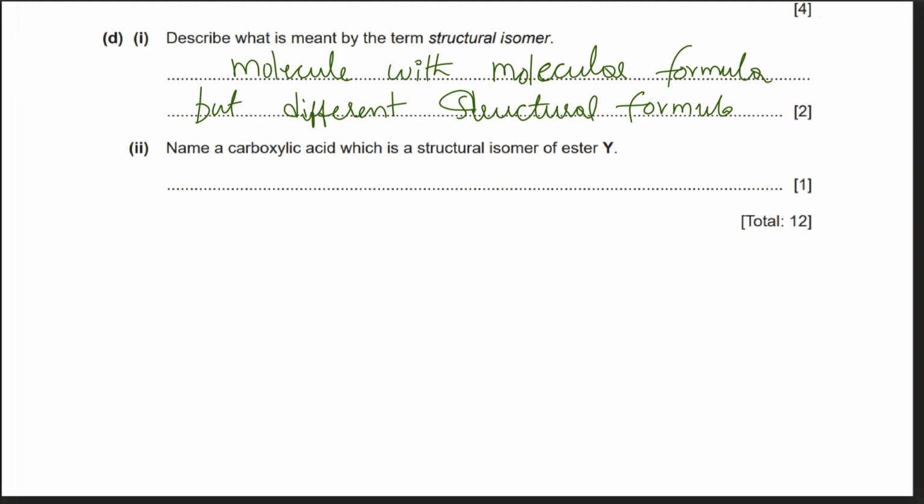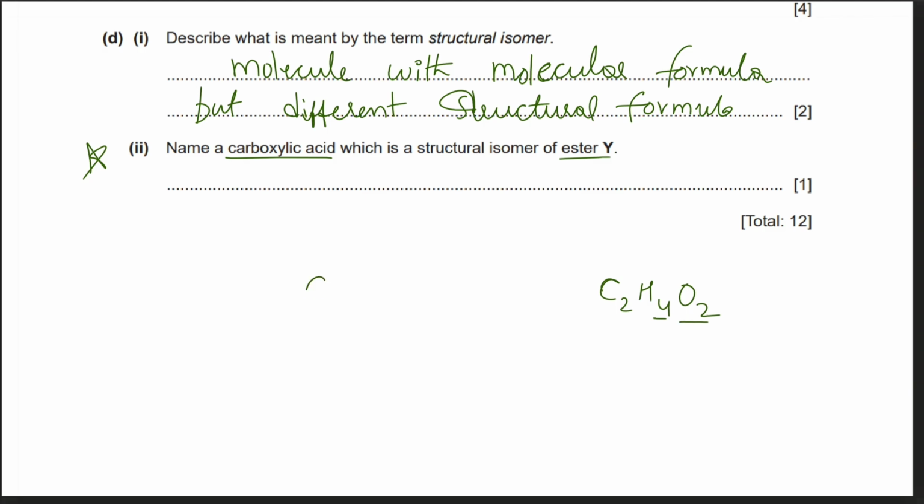Name the carboxylic acid which is a structural isomer of ester Y. This is important, guys. Read it carefully. Now, ester Y has the molecular formula C2H4O2. Now you have to draw a carboxylic acid with 2 carbons, 4 hydrogens and 2 oxygens.